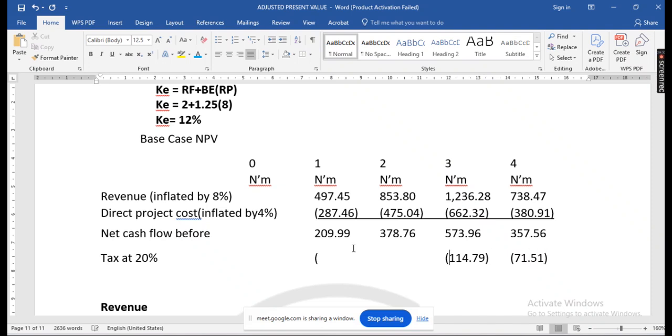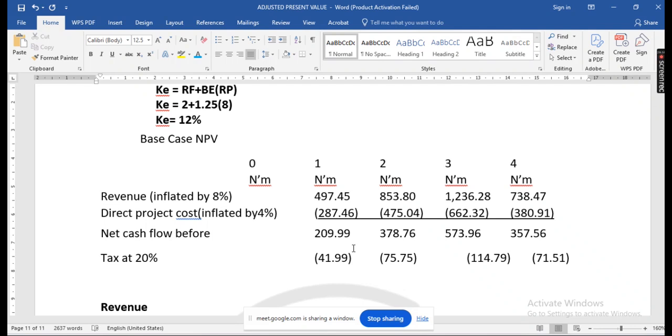Okay. Year 1 is 41.99. Year 2 is 75.75. That's fine. Thank you.